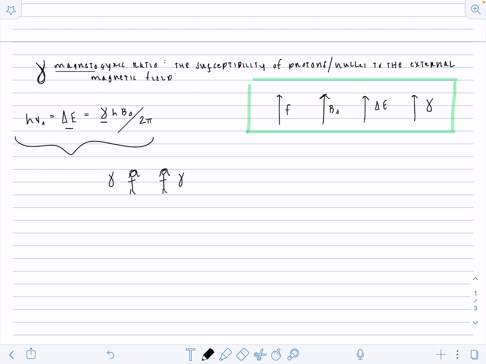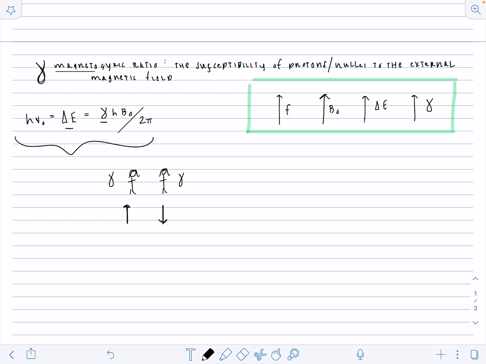If my magnetogyric ratio is higher, that means that I am more susceptible to the outside world of dating. And my girl, she's taken whatever. Her magnetogyric ratio is lower than mine because she's less susceptible to the external magnetic field, aka the world of dating. So since my magnetogyric ratio is higher, I have more energy going into the dating world.